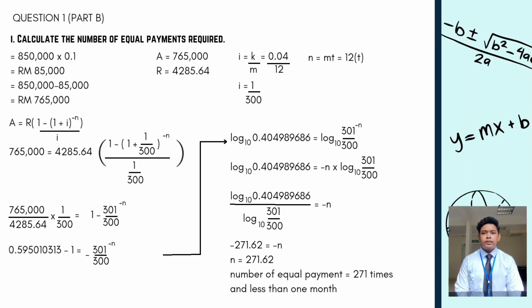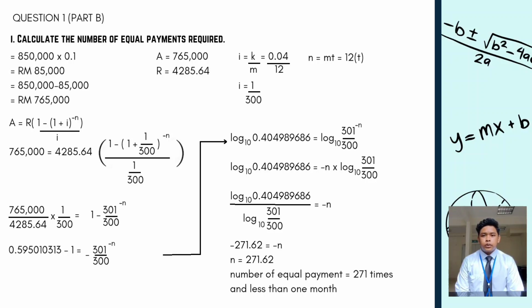Then 765,000 over 4,285.64 multiplied by 1 over 300 equals 1 minus 301 over 300 to the power of negative n. After that, you get 0.595010313 minus 1 equals negative 301 over 300 to the power of negative n.